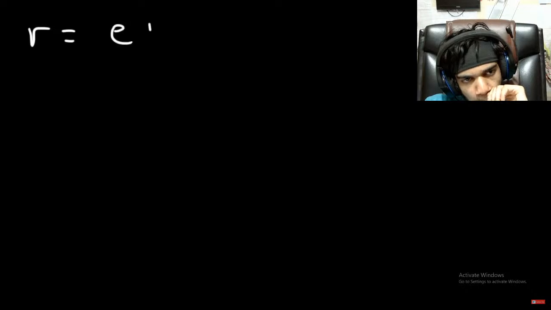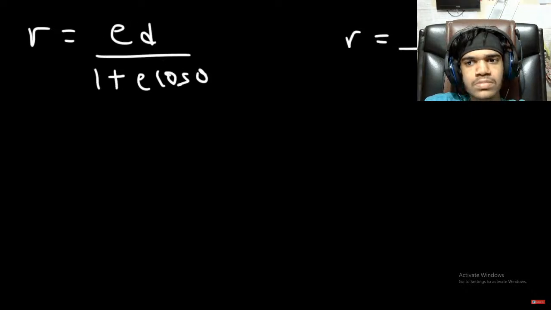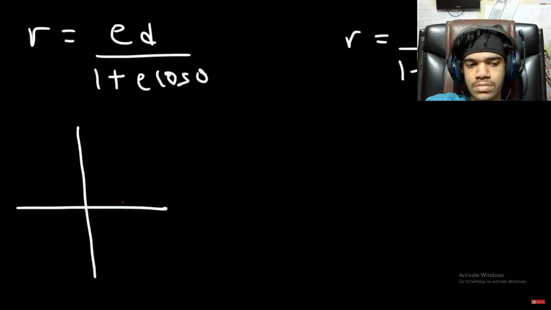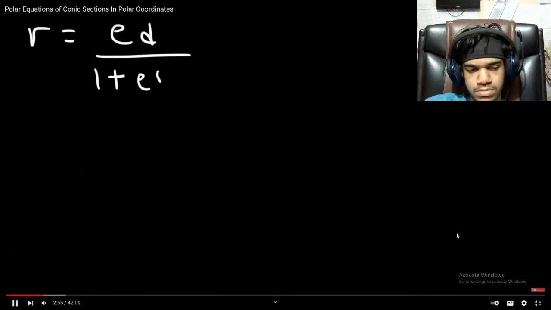Now the next two are these two equations. ed divided by 1 plus e cosine theta. And the other one is ed over 1 minus e cosine theta. So if we have positive e cosine theta, it's going to open towards the left, with the focus being at the origin.